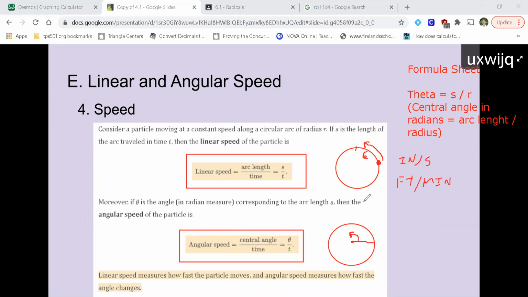For angular speed, where we're talking about how fast the wheel is rotating, it's going to be given to you in degrees per second, or radians per minute, or a very common one, revolutions per second.